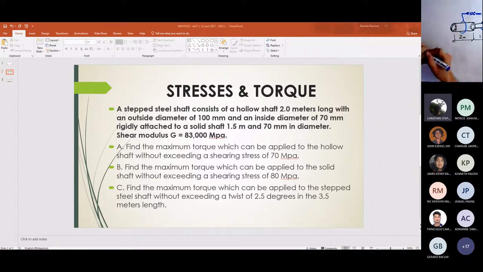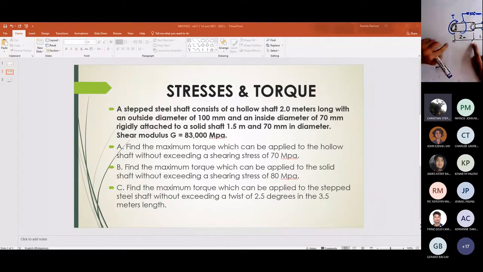So, pwedeng magkaroon ng torque. And to make it balance, kung ang movement ng isang shaft ay clockwise, the other one will be counterclockwise. Okay, so again, meron ulit tayo ditong torque. That is to make balance condition.